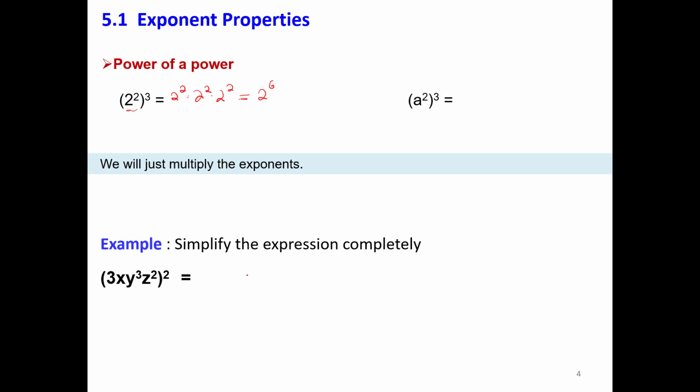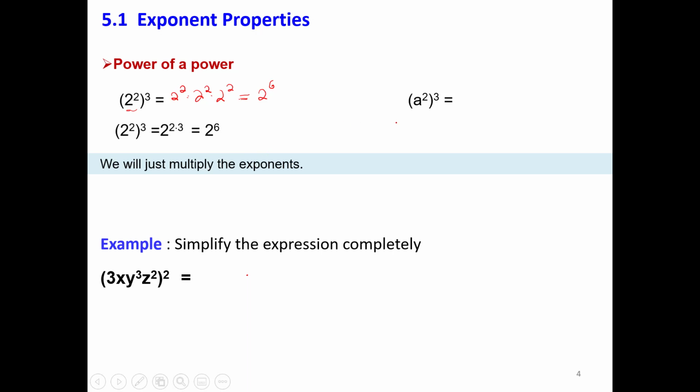Then we can simplify this problem: if we had the power of a power, what we had to do is just multiply the exponents. 2 times 3 is 6. Then we can simplify the problem if we apply this rule, power of a power. We keep the base and just multiply the exponents.